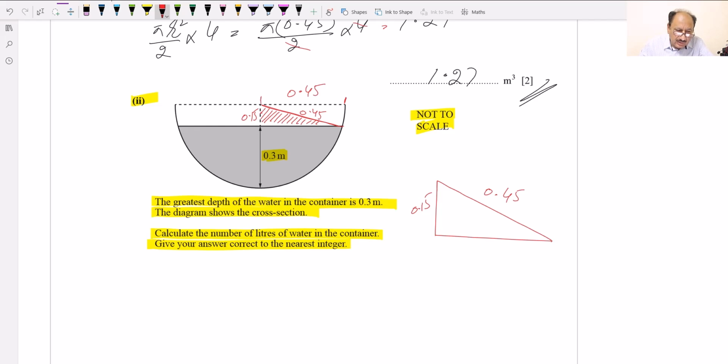we can find basically this angle we can find, which is basically sine theta.